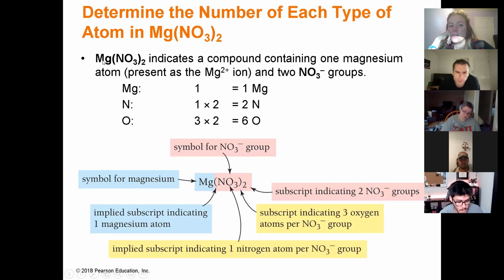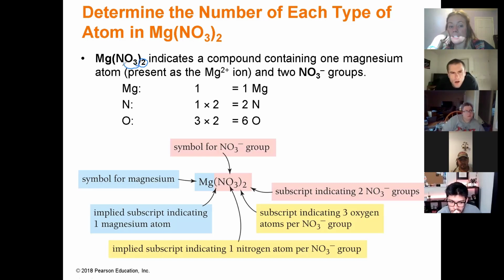So in this case, you can think of it as 1 magnesium combined with 2 of these nitrate ions. Whatever the subscript is on the outside of the parentheses, you have to multiply it by the subscripts on the inside.